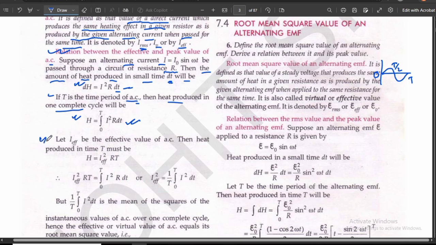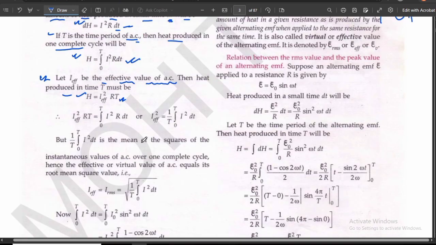Now let I effective be the effective value of AC. Then the heat produced in time capital T must be H equals I effective square R T for the effective value of AC. Now we can equate these two equations.